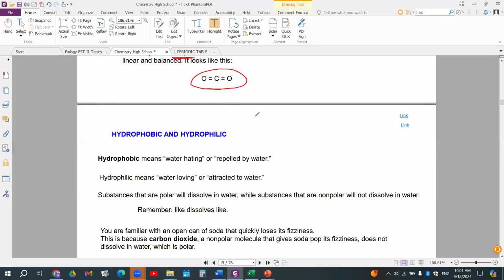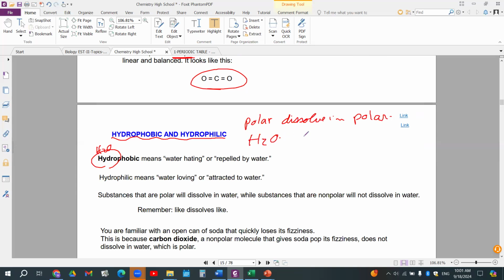Water is water. Hydro means water. Water is polar, very polar. Polar compounds dissolve in water. Polar dissolves in polar, especially water, a very polar compound.